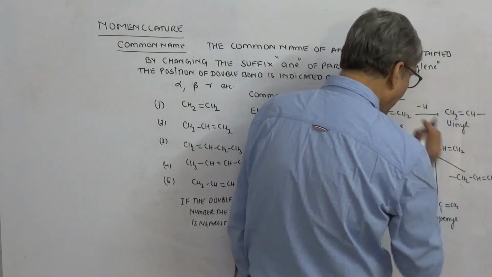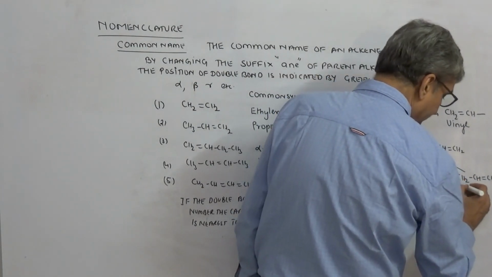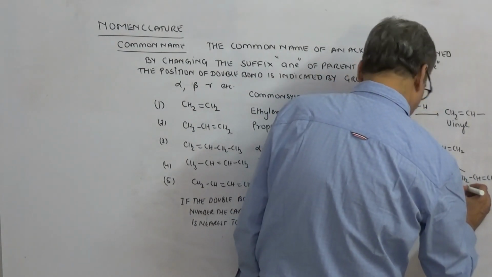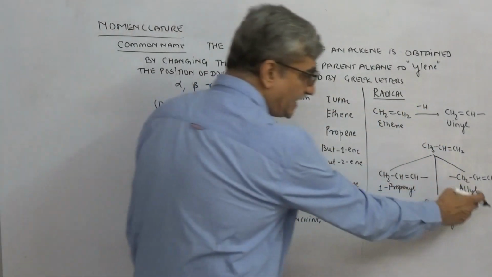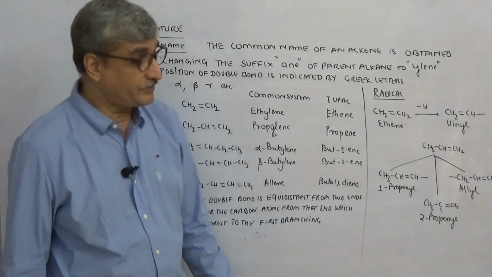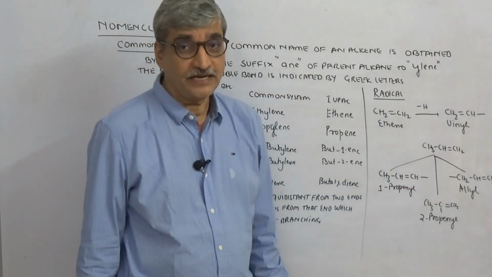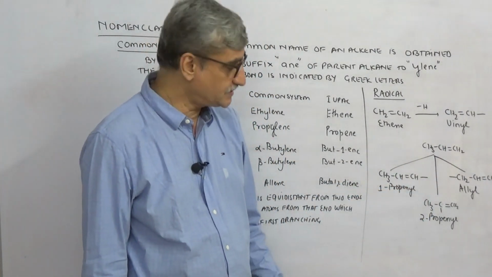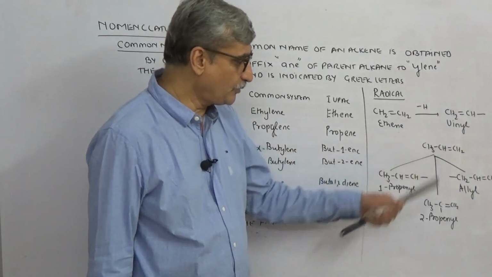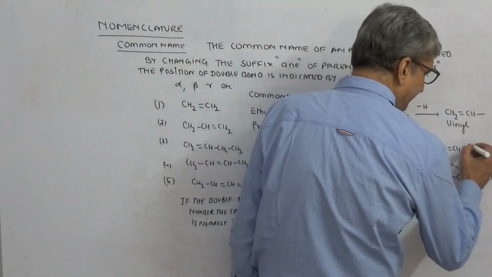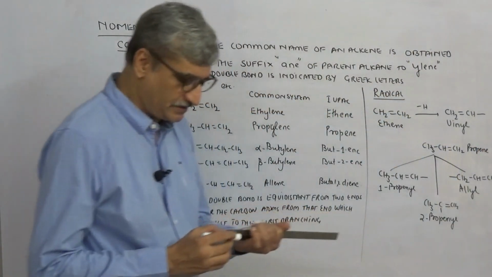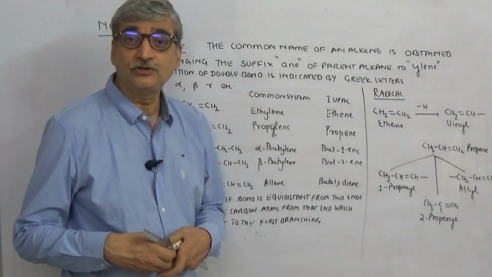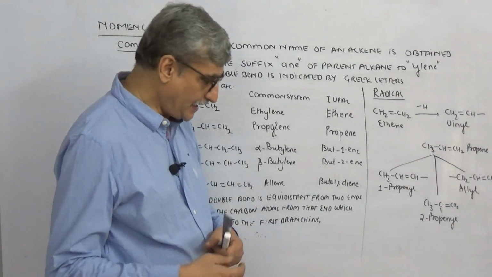This is called allyl. So this was allene and this is allyl. Allyl is very important because this allyl hydrogen has a different kind of reaction. So remember, propene gives you three radicals: 1-propenyl, 2-propenyl and allyl.